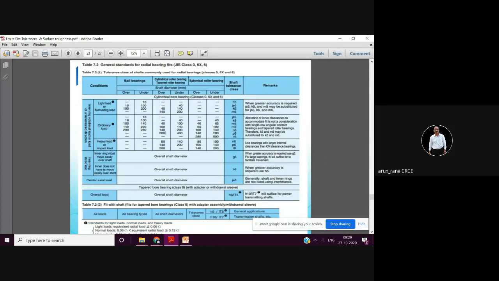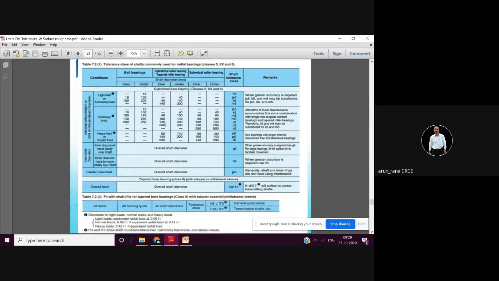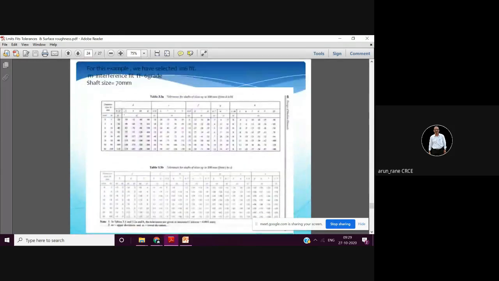Impact load means in presses, that is a mechanical press or forging press or hydraulic press. The load is impact. This is just for your information, I mean, you know that it is not there in the examination.